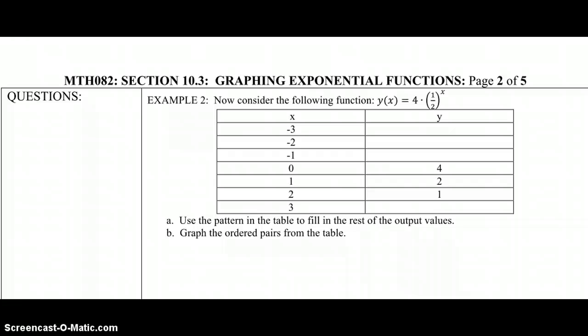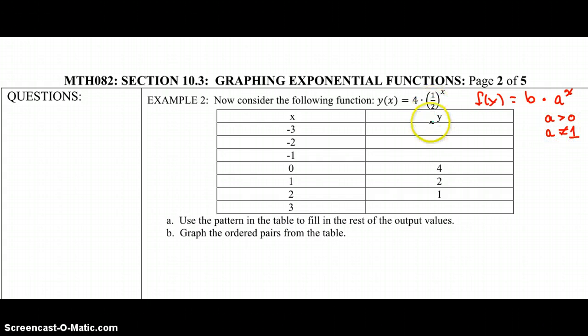All right, so now consider the following function. So again, we should recognize that we have yet again another exponential function. Okay, this is in the form f of x equals b times a to the x, where a is greater than 0 and a is not 1.